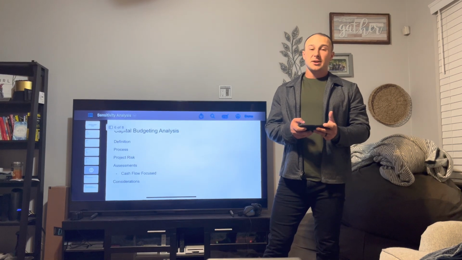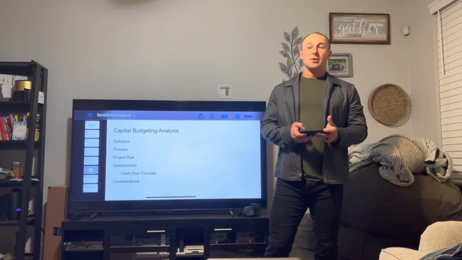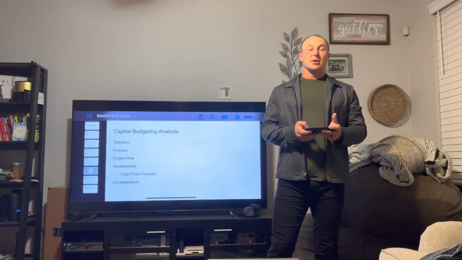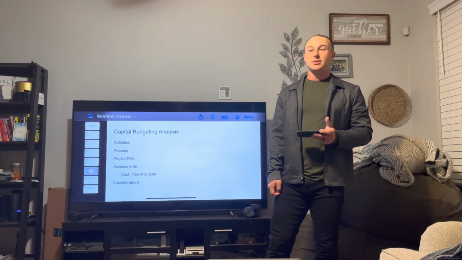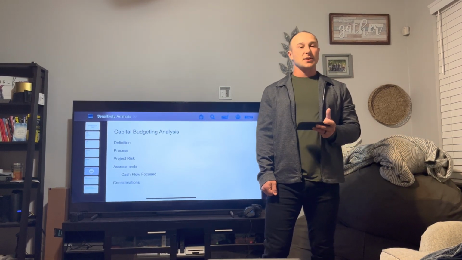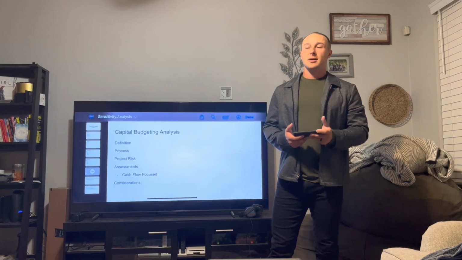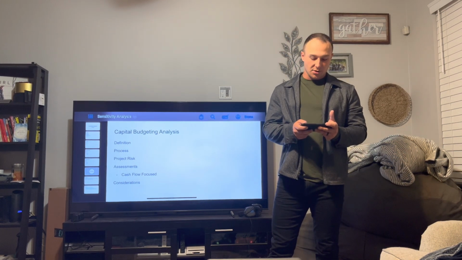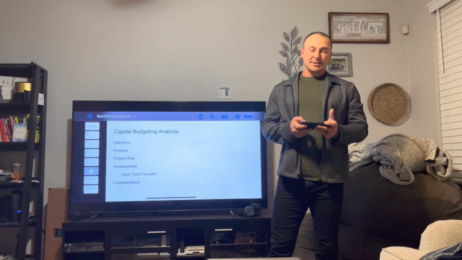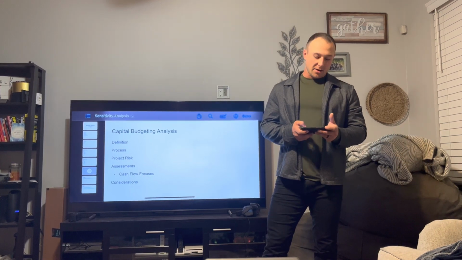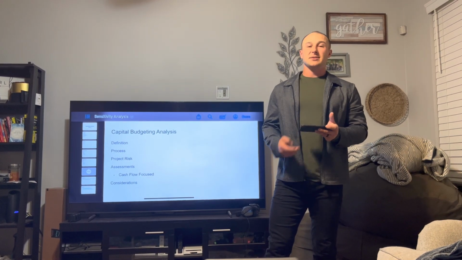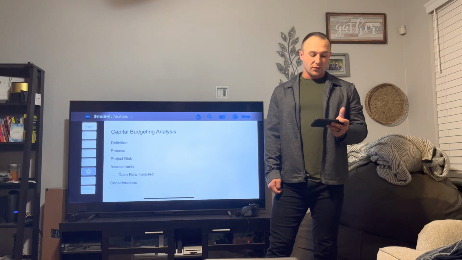Now, capital budgeting analysis, this is a tool that strictly focuses on capital and cash flows to determine the eventual potential of the decision we take. So this again has a similar process to quantitative and qualitative analysis, but the assessments are usually cash flow focused.